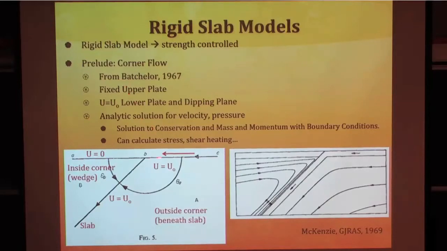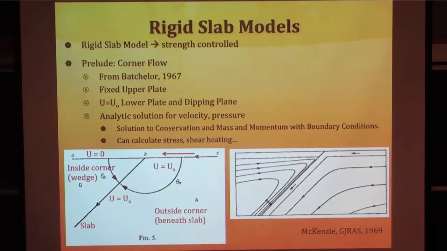So the idea is you have a fixed upper plate, and you have a moving lower plate which turns at a corner. So you have an inside corner where there's flow here, and you have an outside corner where there's flow here. And it's being driven by these kinematic boundary conditions.